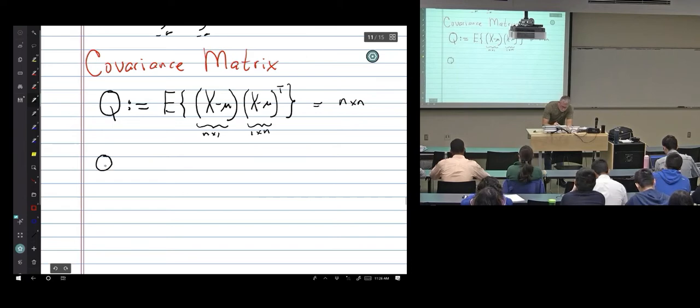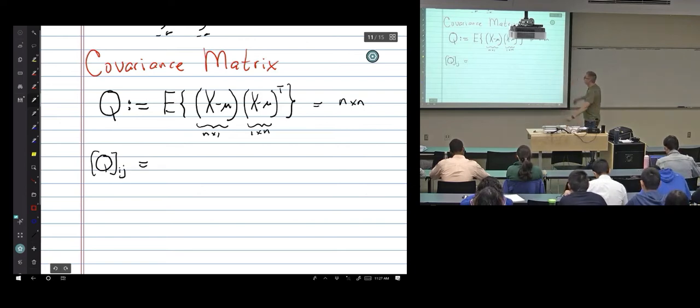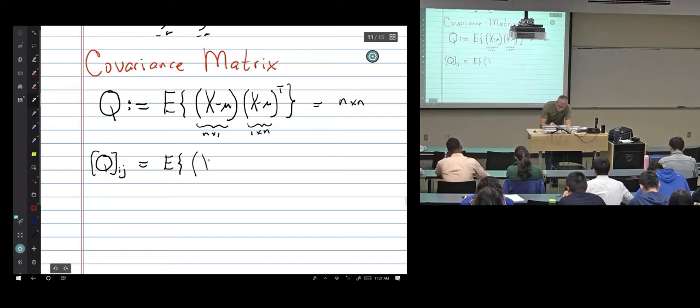What is the ij element of that matrix? Okay, so if I just do this, it's this expectation, it's the spread of the ith random variable minus its mean times the jth random variable minus its mean.